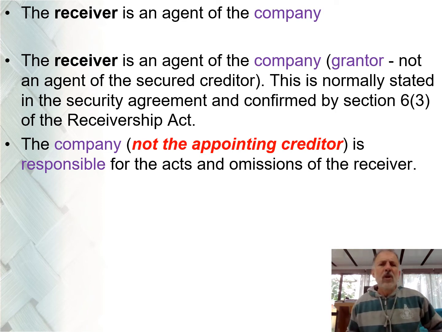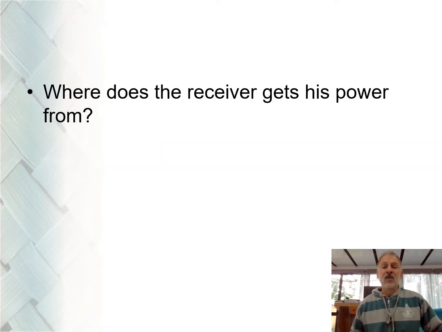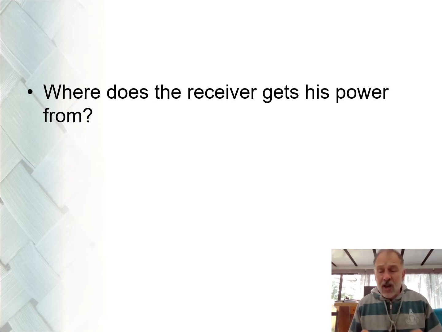This is normally stated in the security agreement and confirmed by Section 6.3 of the Receivership Act. The company, not the appointing creditor, is responsible for the acts and omissions of the receiver.